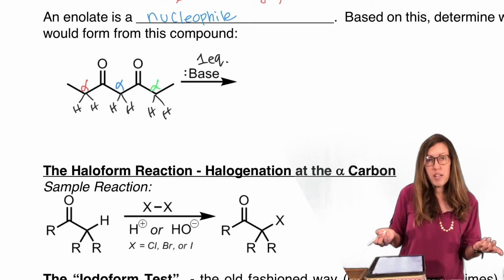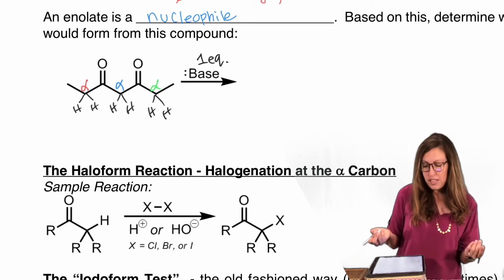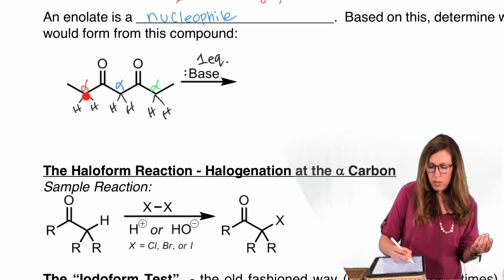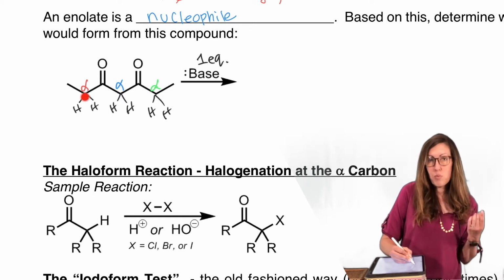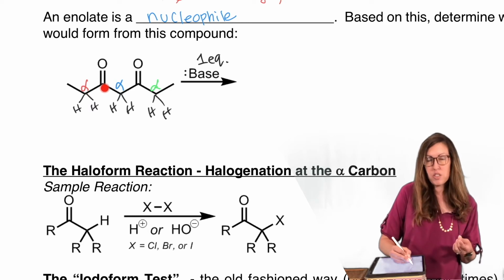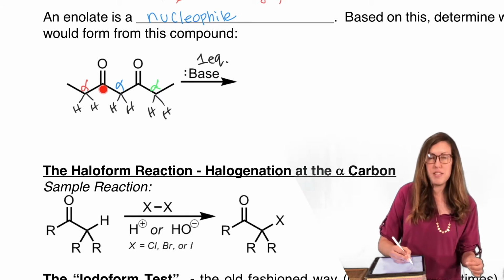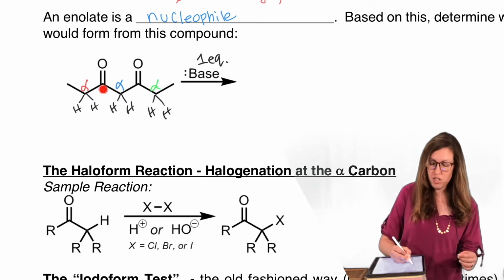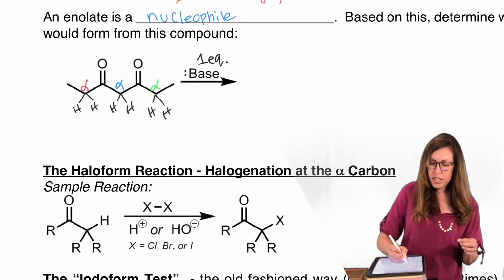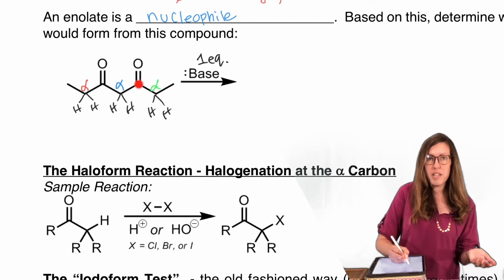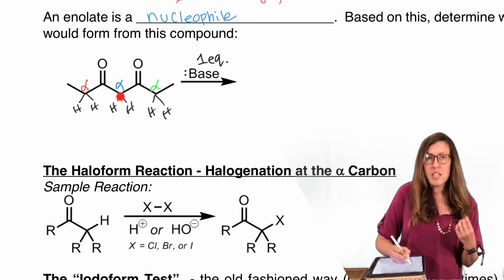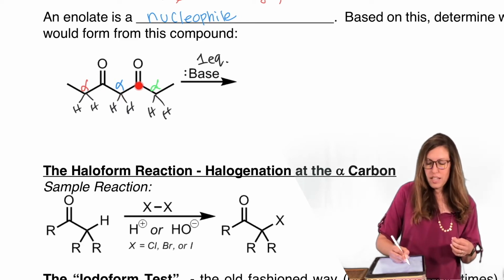It's going to take off the one that has the most stabilized conjugate base. So if it takes off the red one, we have an anion here, which is resonance stabilized with that carbonyl. So all alpha H's will be resonance stabilized, all of them. So it's a matter of which one has the best resonance stabilization, or the most resonance stabilization. This one and this one are alike in that they both are resonance stabilized with one neighboring carbonyl. This one is better, or more desirable, or more stabilized, because it can delocalize between two adjacent carbonyls.